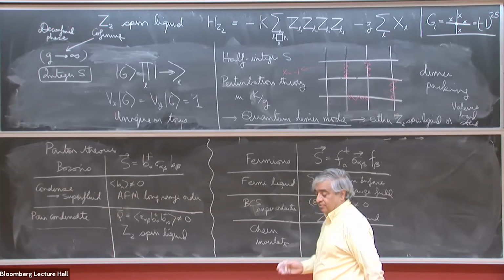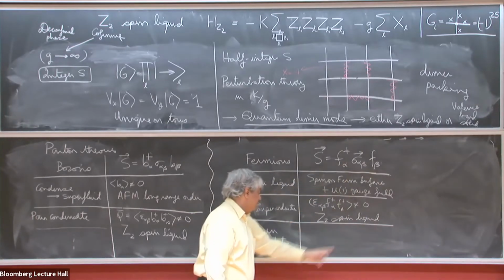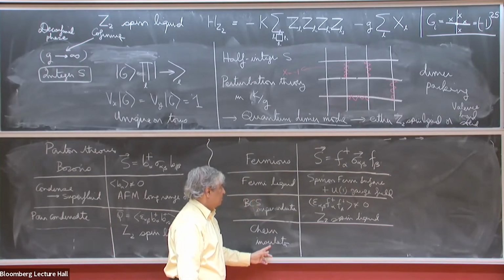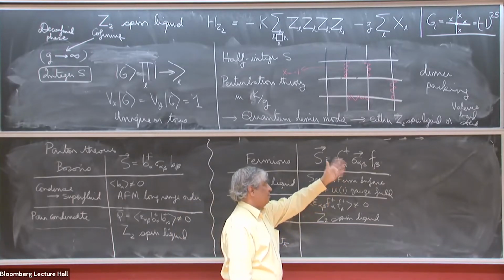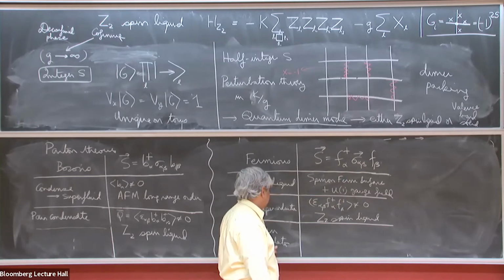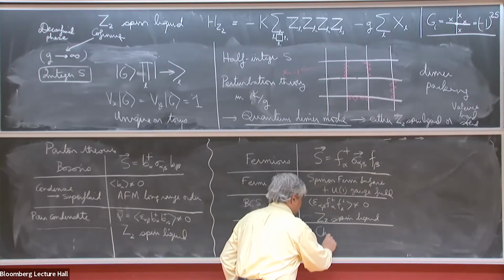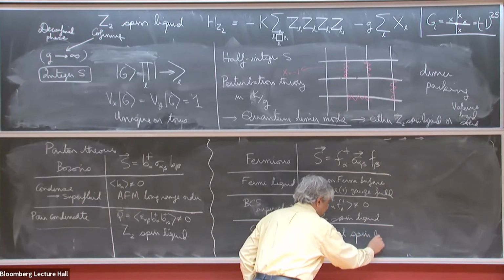But in the Chern insulator, we're combining both. We have a gauge field from this decomposition. In fact, it's a U(1) gauge field. And the fermions form a Chern insulator. So they don't condense, they just fill a band which has a Chern number. And this leads to something I'll describe in a few minutes, the chiral spin liquid.